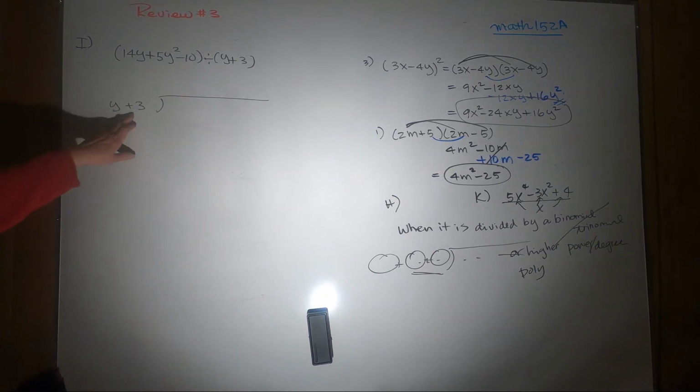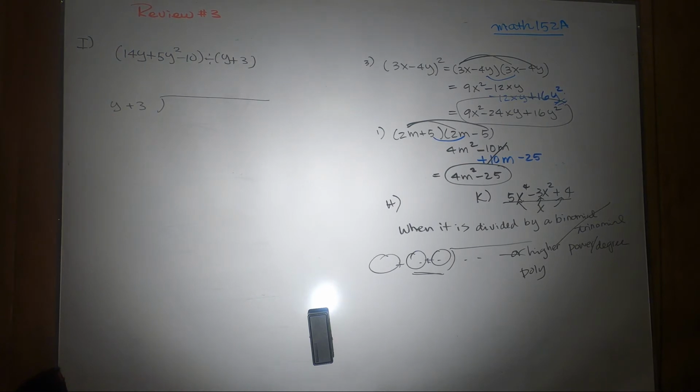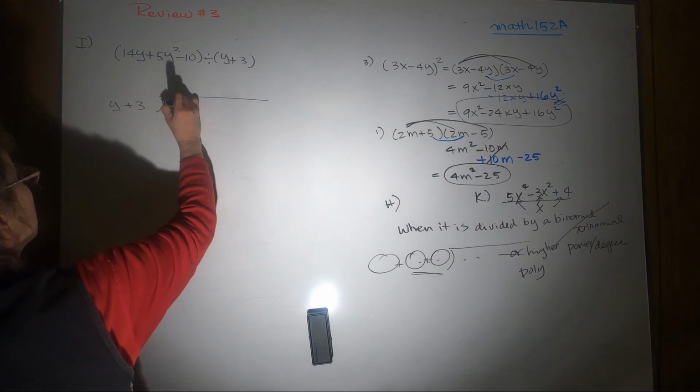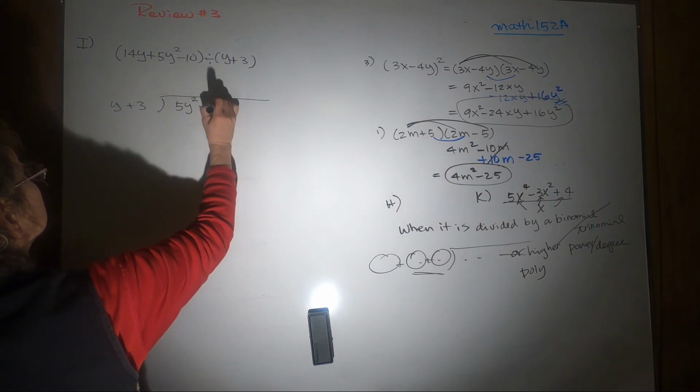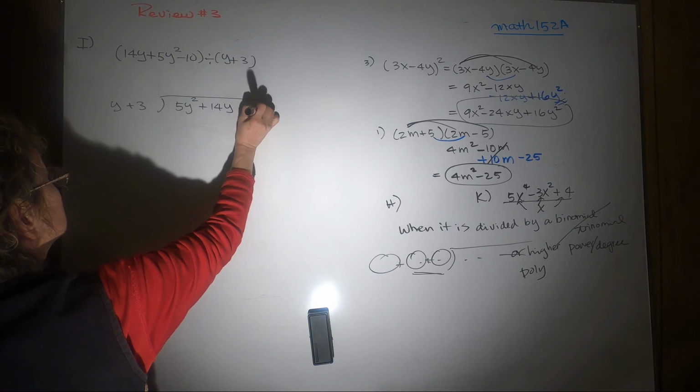More than one term, you need to do that way. How do you write it inside for your numerator? You need to write it in what? Standard form, right? So you need to write a 5y squared plus 14y minus 10.